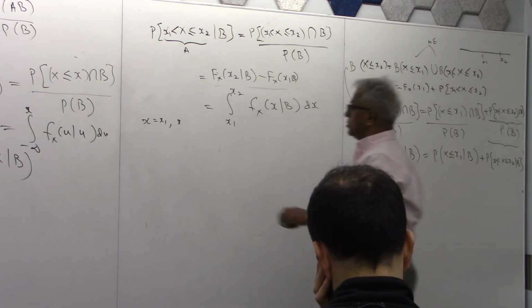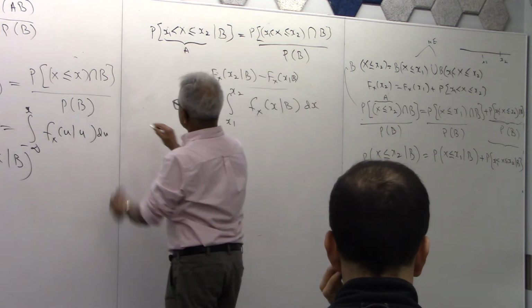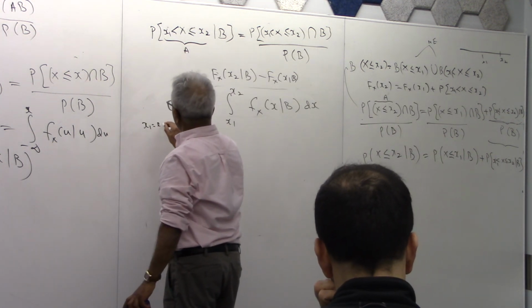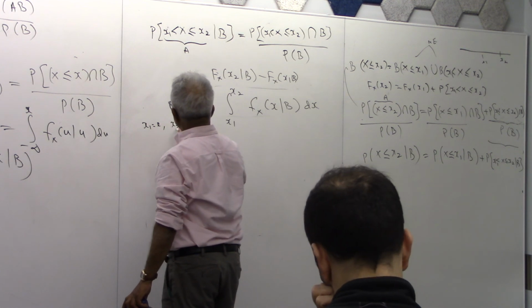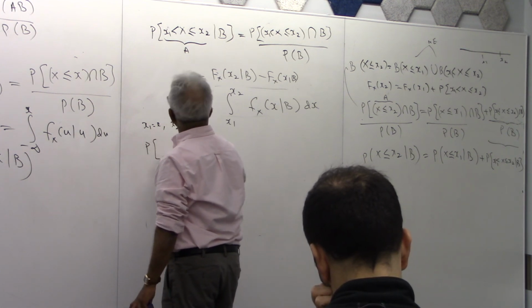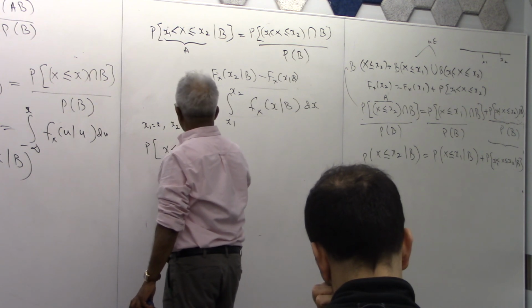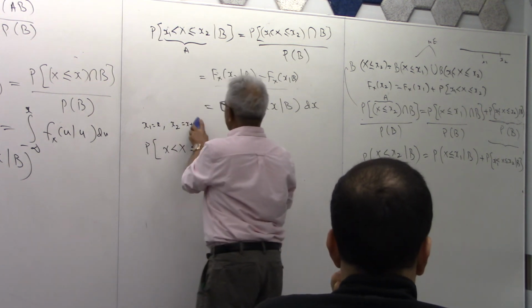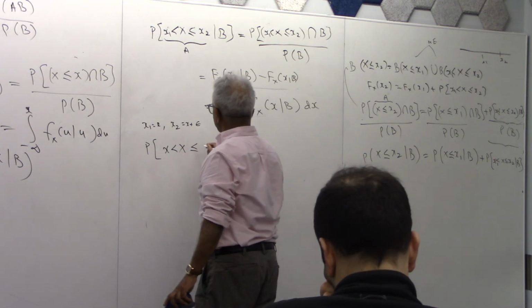So x1 equal to x, and x2 is next to it, let's say x plus delta x. So this right side now reads, just epsilon positive.